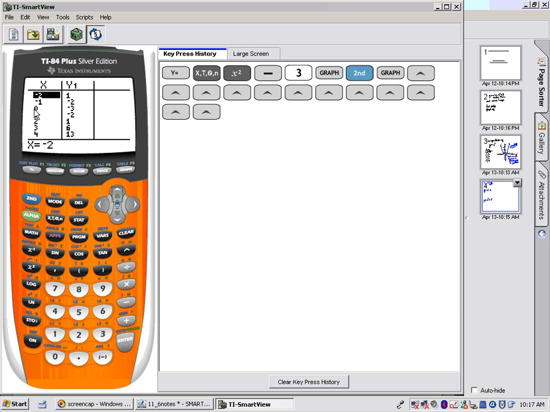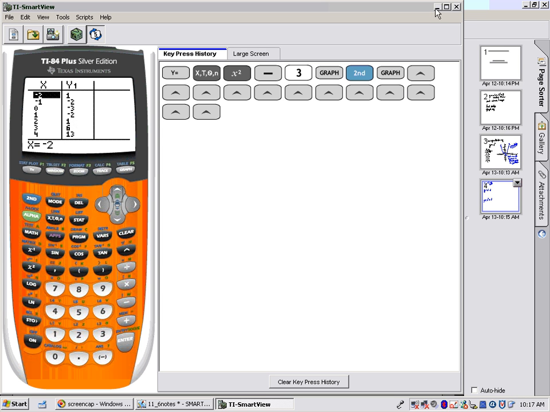When we square 1 we get 1, but minus 3 is negative 2. 0 squared is 0, minus 3 is negative 3. 1 squared, 1 minus 3 is negative 2. 2 squared is 4, minus 3 is 1. So just decreasing the y values by 3.